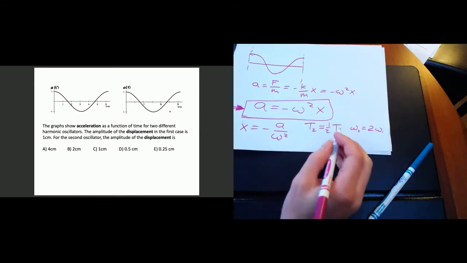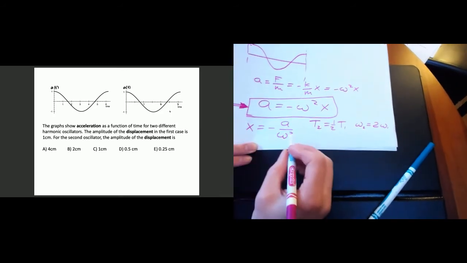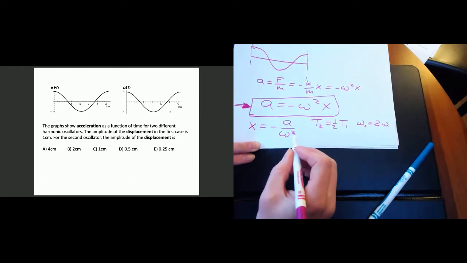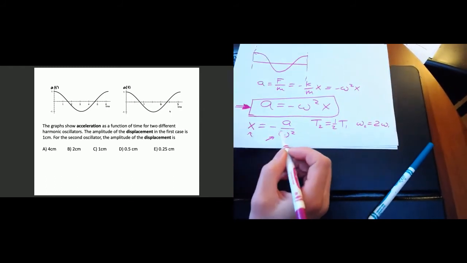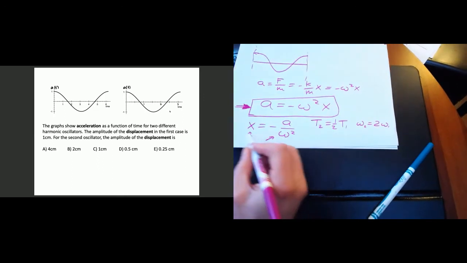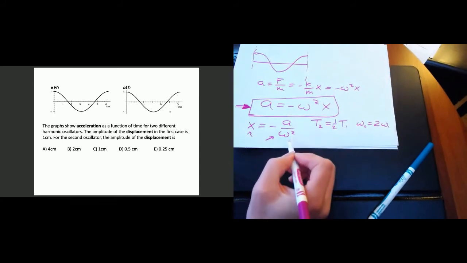Okay. And so now we can say that the amplitude for x, so looking at this formula here, what you see is that the amplitude for position is going to be related to the amplitude for acceleration divided by omega squared.